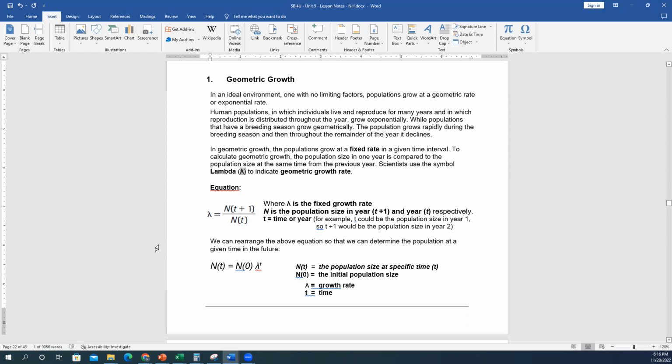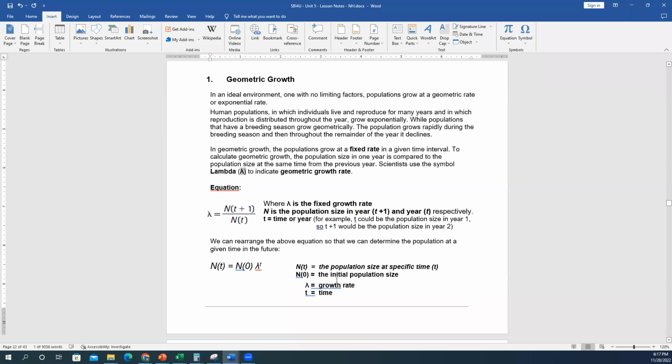And we can rearrange this equation so that we can determine the population and forecast it for a given time in the future. So we can rearrange this and figure out what N is at any given time t. N of t is the population size at any specific time t, and N naught is the initial population size.